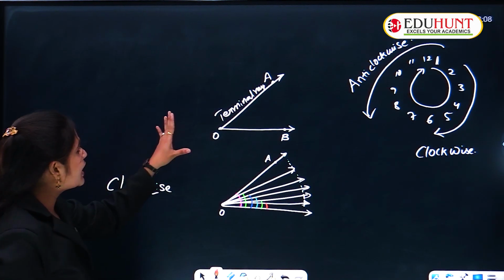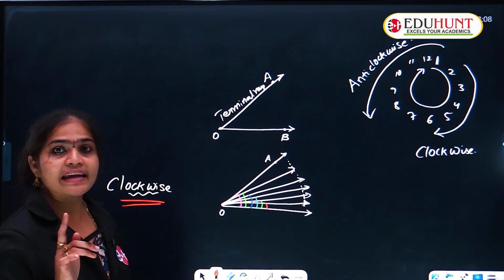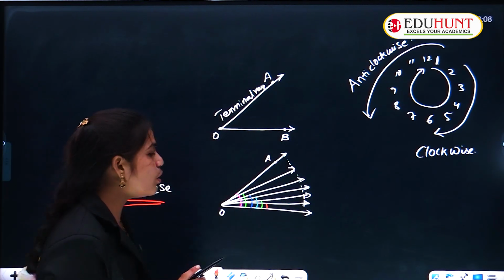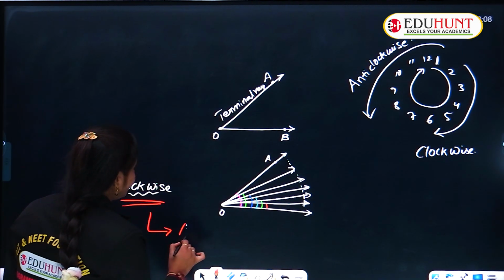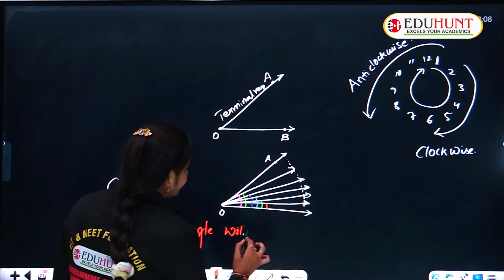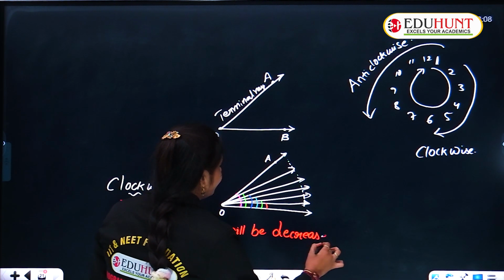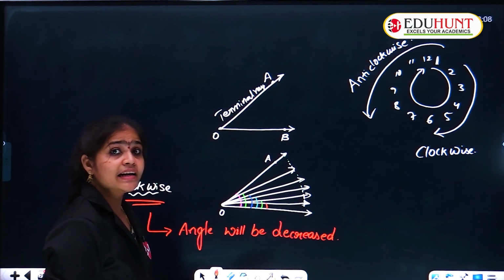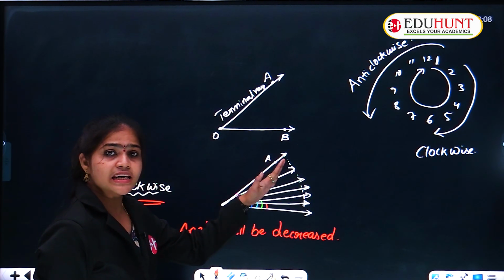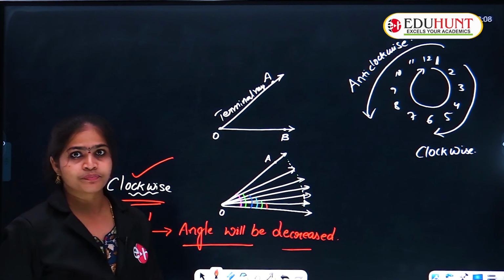So, if that terminal ray turns in clockwise direction, then the angle will be in decreasing order. The angle will be decreased. So we can say that if the terminal ray moves in a clockwise direction, then the angle will be decreased. Understood, ma?